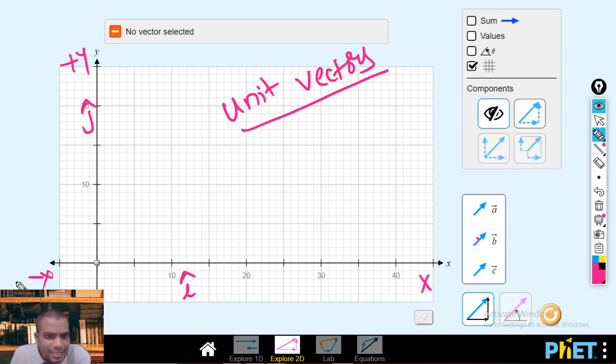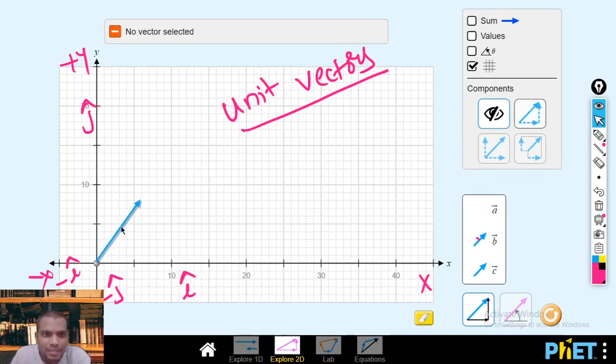Similarly, in the negative x-axis, we will represent minus i cap as a unit vector. This unit vector has magnitude only 1. Its magnitude is unit. Unit means 1. Similarly, in the negative y-axis, the unit vector is minus j cap. Why am I introducing these unit vectors? Because in later sessions we won't draw vectors in a diagram.